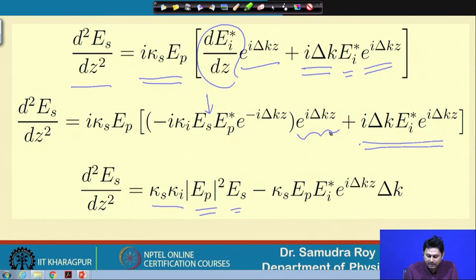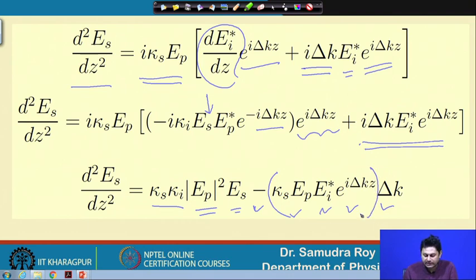The exponential e to the power i delta k z will cancel out with the e to the power minus i delta k z term, which are reciprocal to each other. And if I multiply this term with this, we will have a negative sign, because I multiplied by i, we will have a minus sign here. Delta k will be there, e to the power i k z will be there, E i star and E p are there.